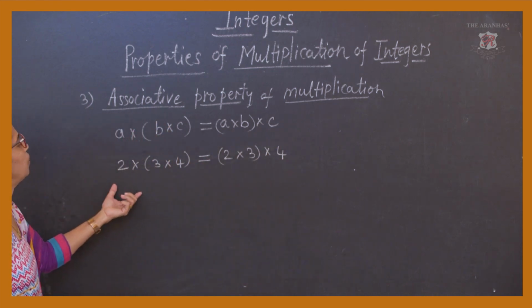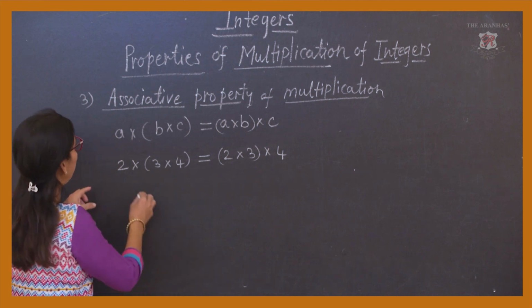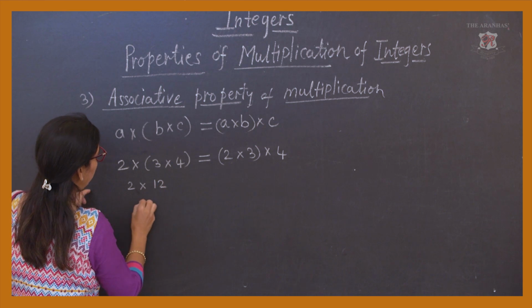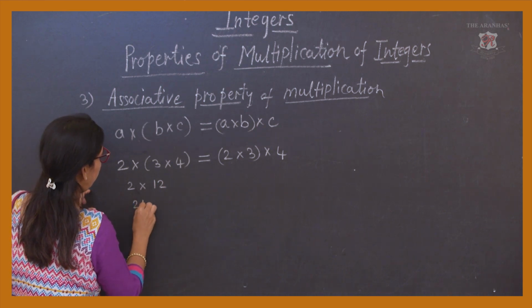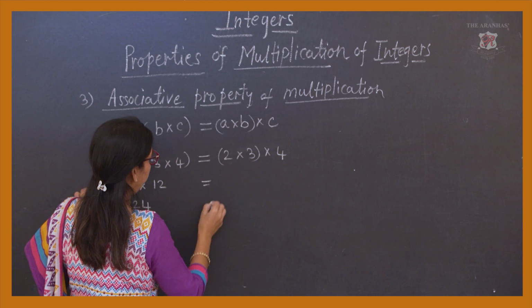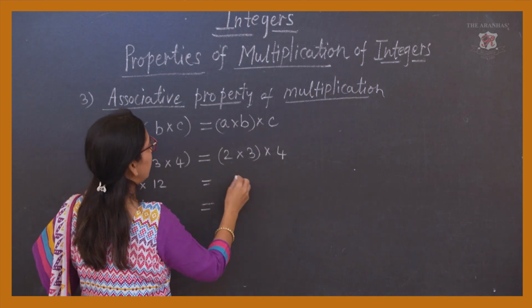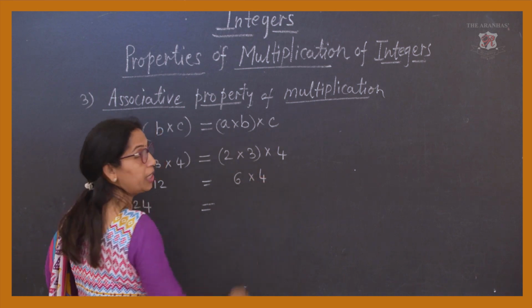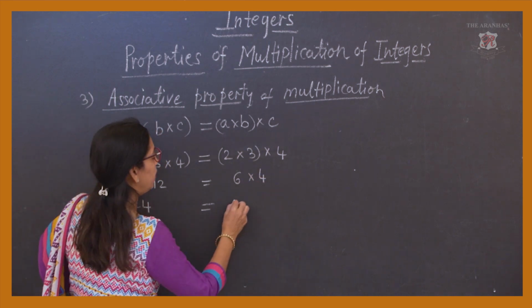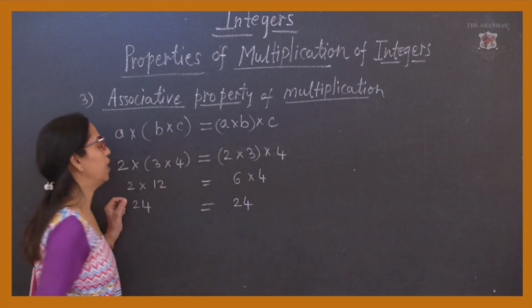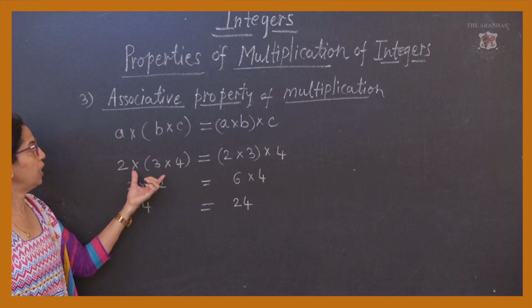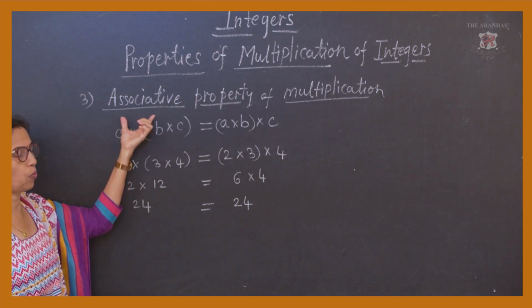So by finding the answer, you will find here 2 multiplied by 12 gives the answer 24. Again, when we see this side, 2 into 3 is 6, into this 4 gives you again 24, the same answer. So here you can see the associative property of multiplication.